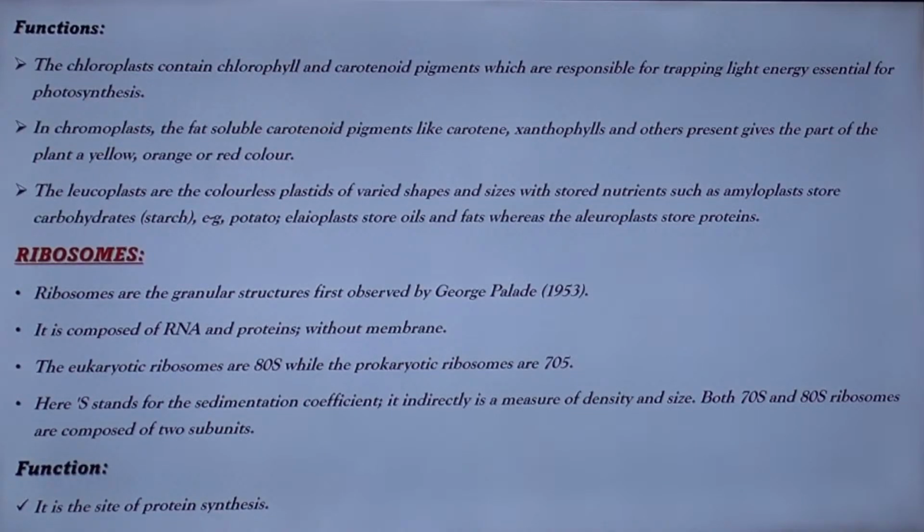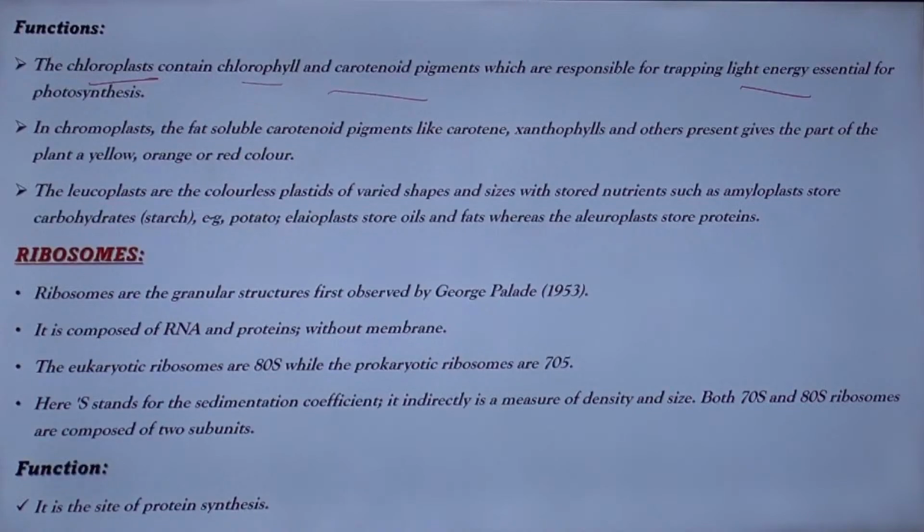This chloroplast is a double membrane organelle. It contains chlorophyll pigments in the thylakoids, as we have seen. The chlorophyll pigments trap light from the sunlight, and it is essential for photosynthesis.